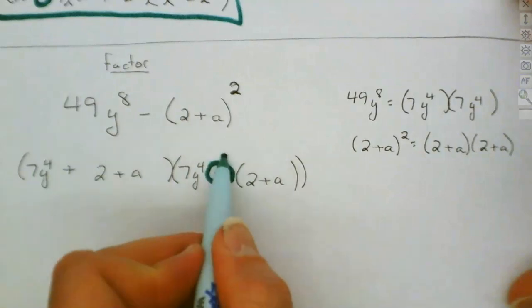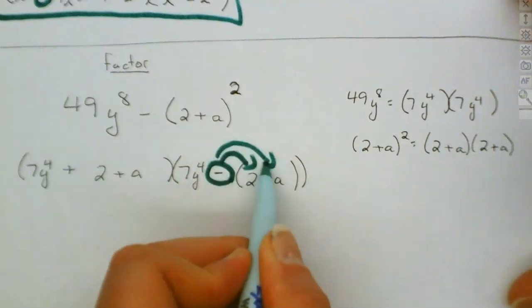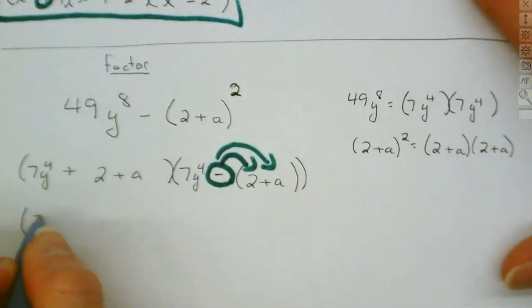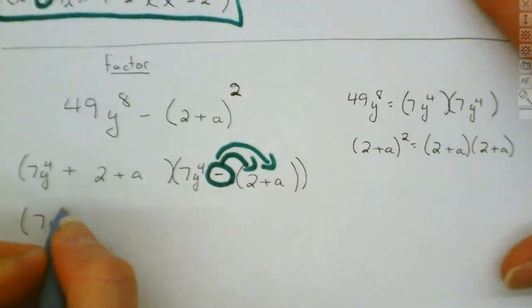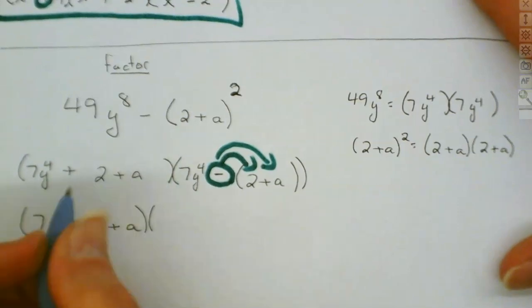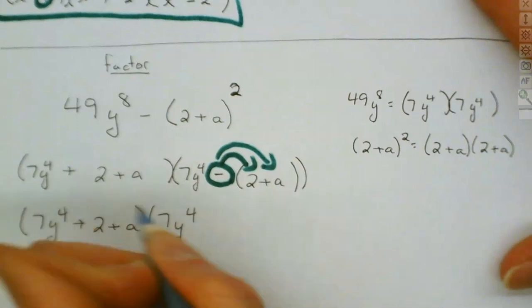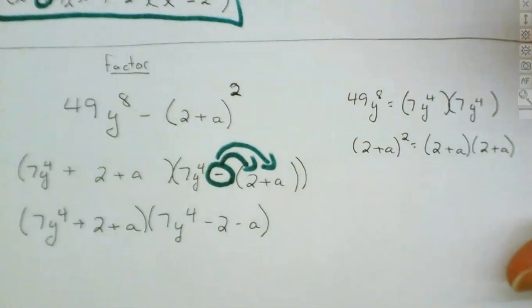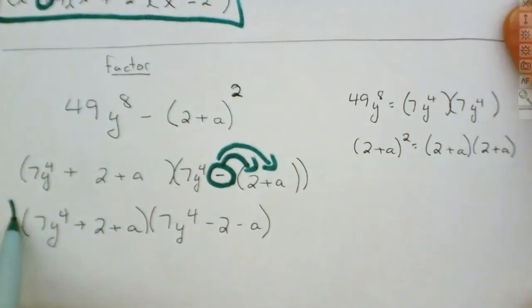But what about the minus? We have to distribute it through. What does that leave you with when we write it all out? We have 7 y to the 4th plus 2 plus a, and we have 7 y to the 4th minus 2 minus a. And that's as far as we can go there.